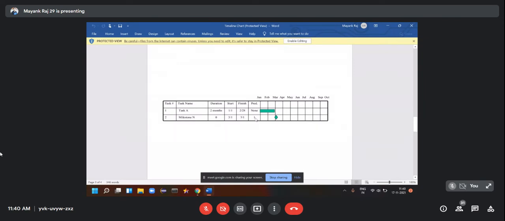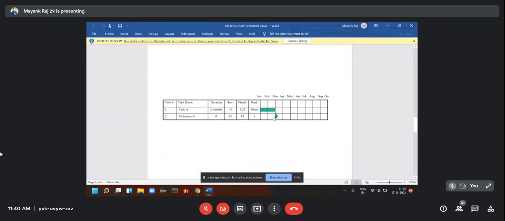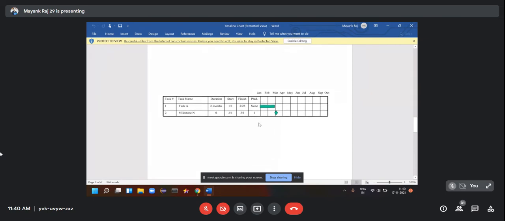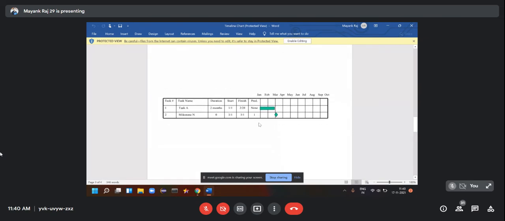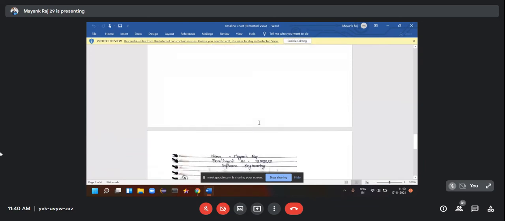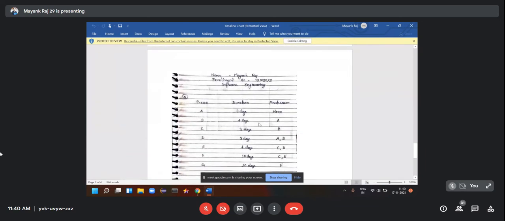It has predecessor as 1, and what we do is we just mark that diamond shape on the 1st of March, and that will do our diamond shape milestone marking. Now coming to the example that we did in our class.